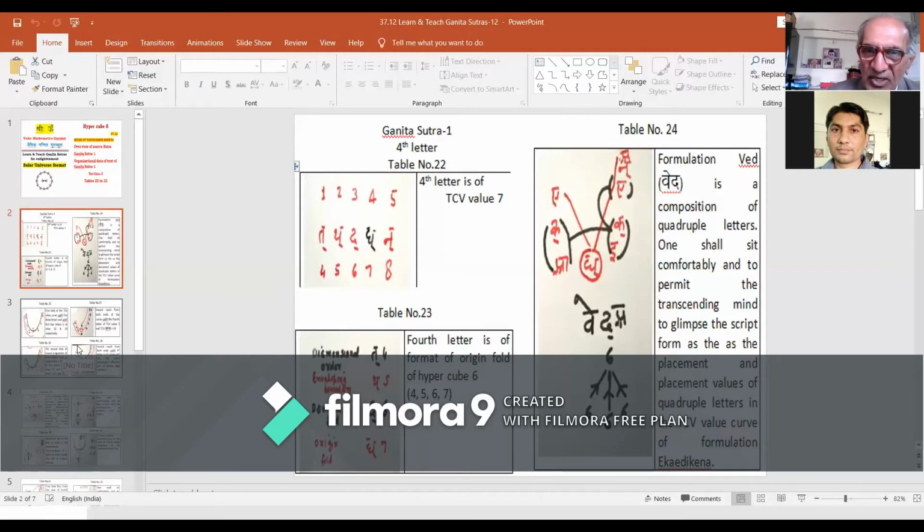Table 23 as such is bringing us face to face with this feature of the fourth letter. Fourth letter Dha is of TC value 7 and the same, as per its placement, is in the role of origin fold of space.